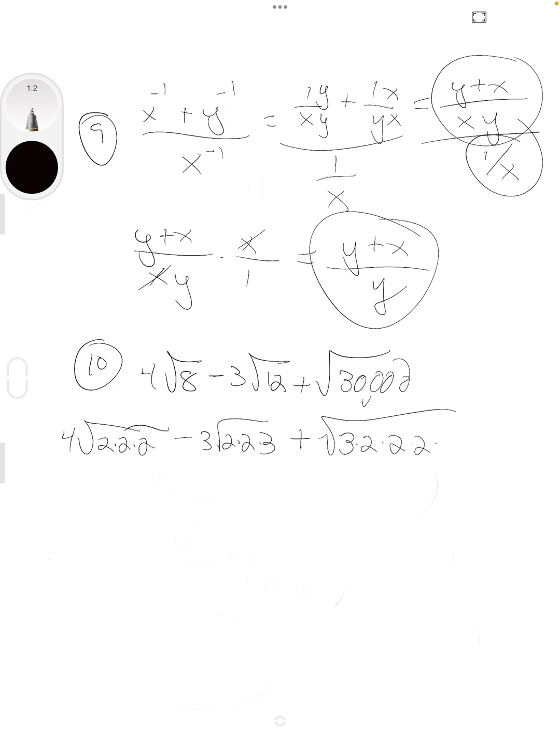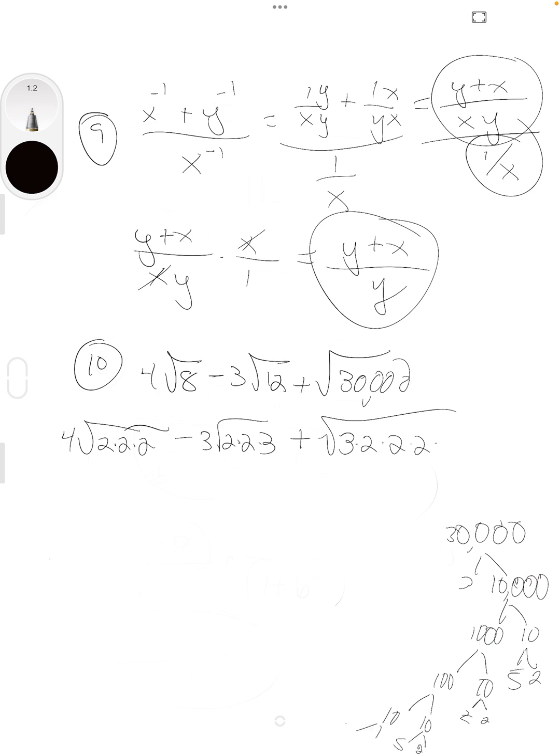In other words, I'm doing this, 30,000, factoring it, saying, okay, that's 3 times 10,000, and 10,000 is 10 times 1,000, and 10 is 2 times 5. 10,000 is 10 times 1,000, which is 2 times 5, and 100 is 10 times 10, which is 5 times 2, 5 times 2.